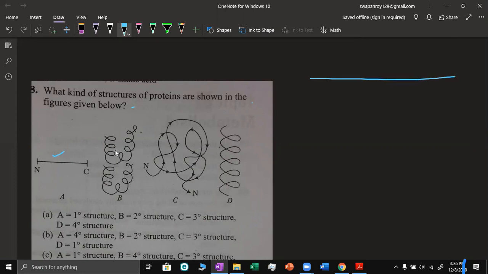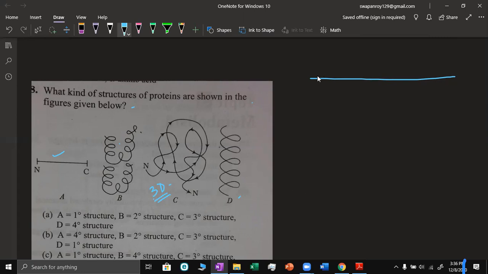In another, two helical structures are there, meaning two polypeptides are there. And here it is folding in such a way that it is showing a three-dimensional structure, and this one you can see is a coiled structure.